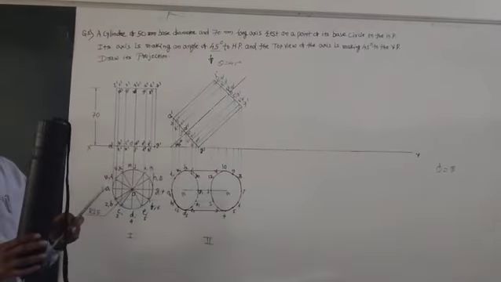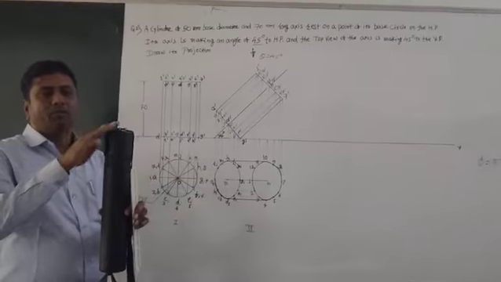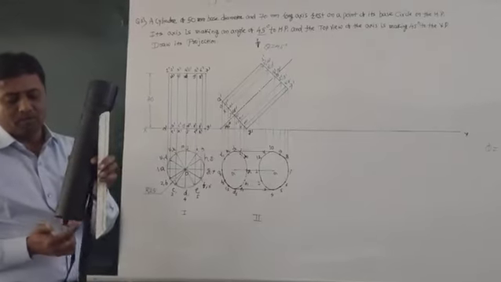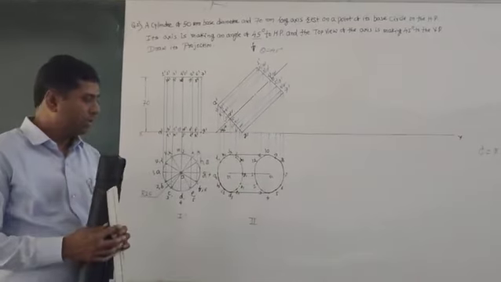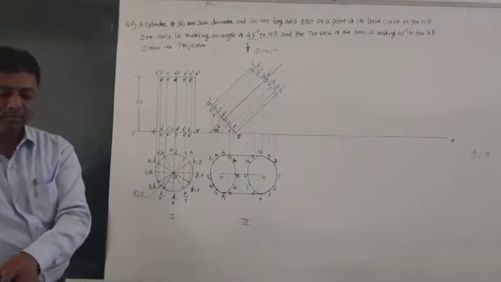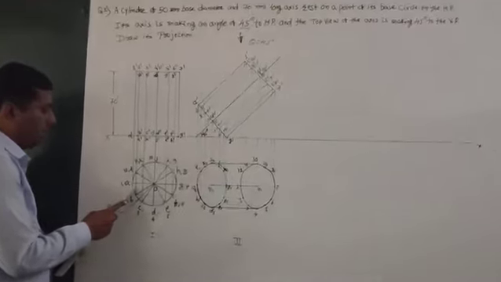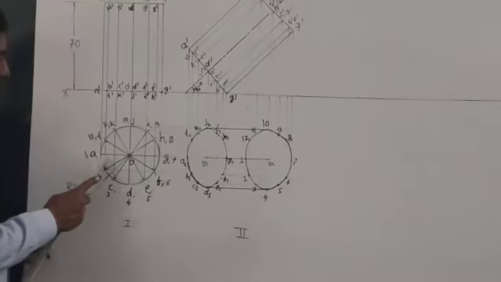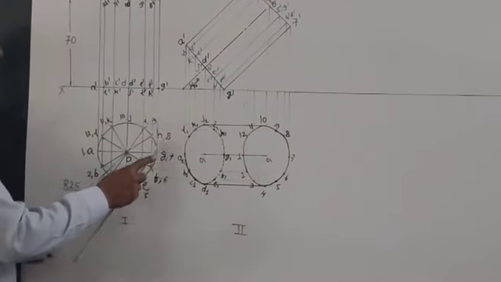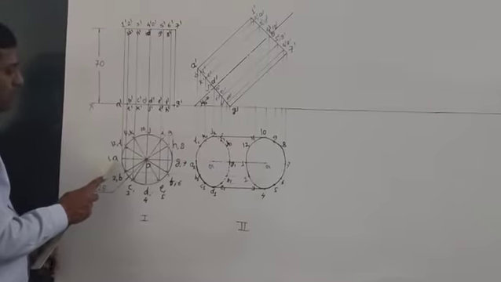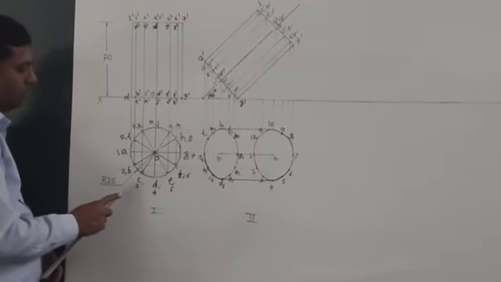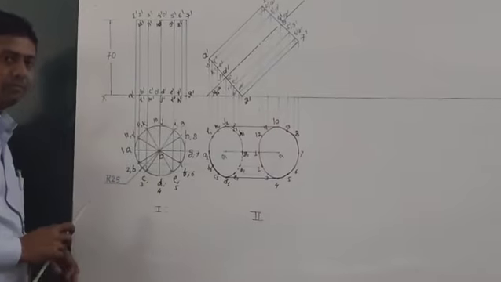Already I told you, a cylinder has two bases, bottom base and top base. So for the bottom we are giving letters and for the top we are giving numbers. So I have given letters A, B, C, D, E, F up to L, and also numbers 1, 2, 3, 4 up to 12.